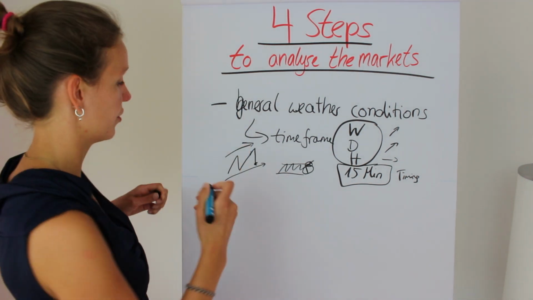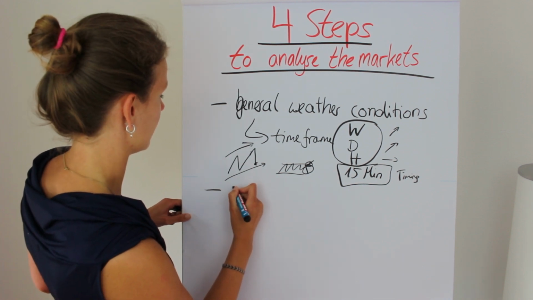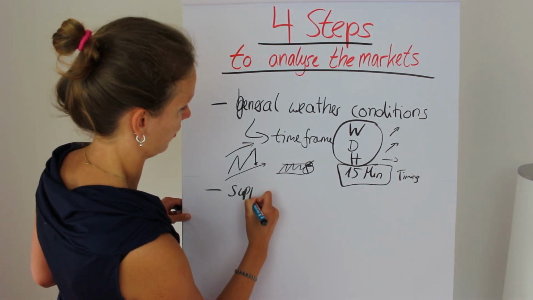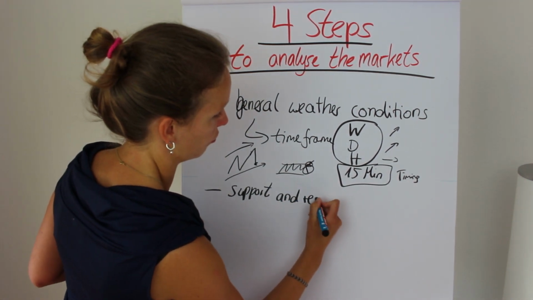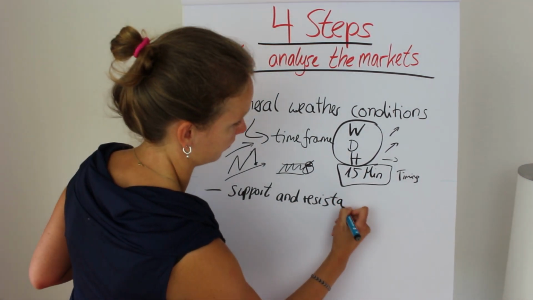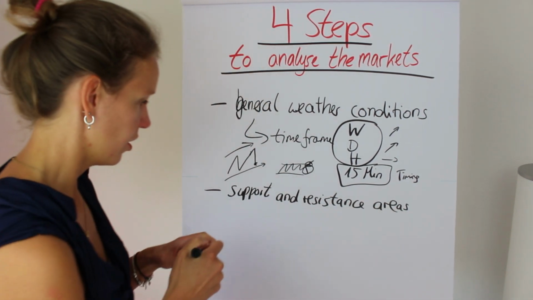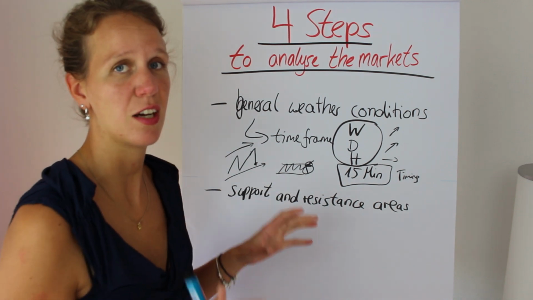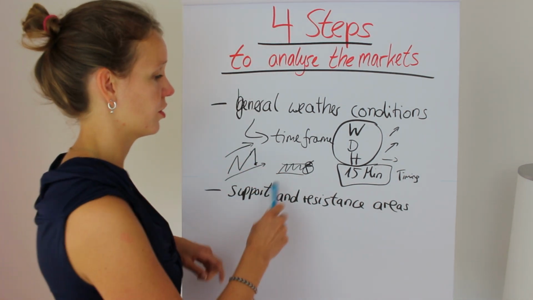So let's jump to number 2. I've mentioned it shortly. It's the support and resistance areas. Support and resistance areas are a really important topic as well. I've made a single video just on that.